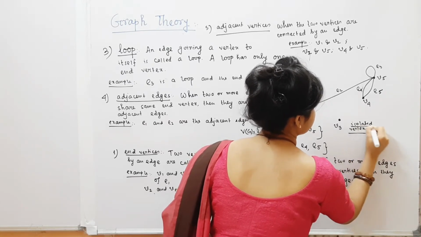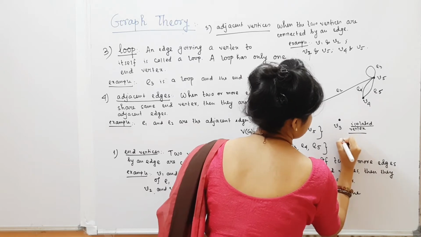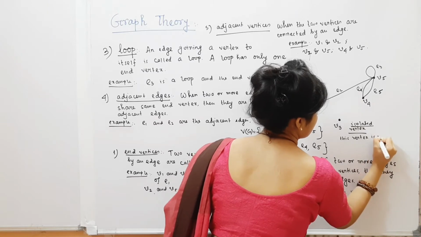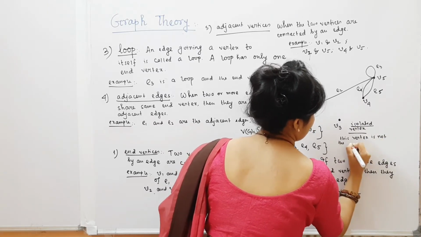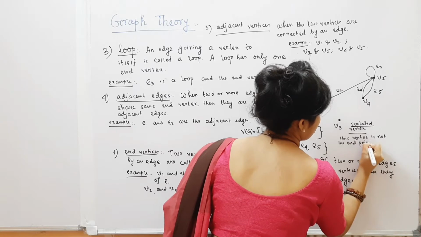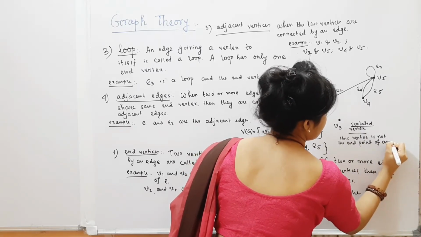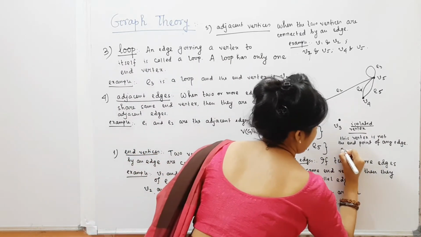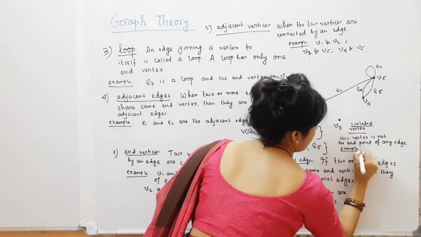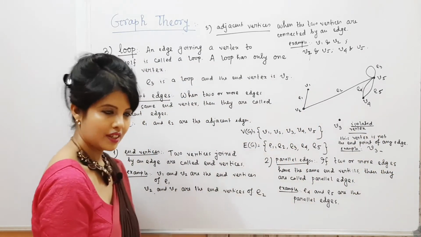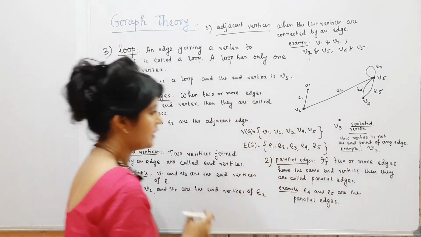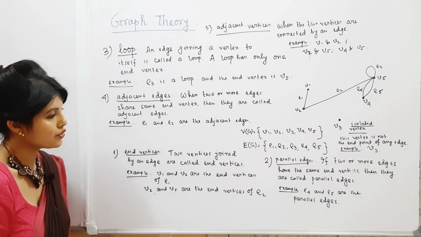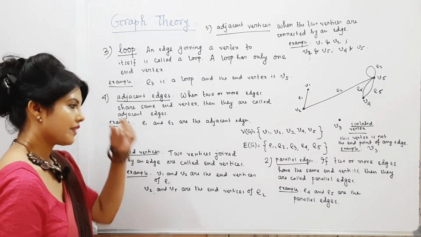Isolated vertex means this vertex is not the end point of any edge, okay. So the example is V3, okay.